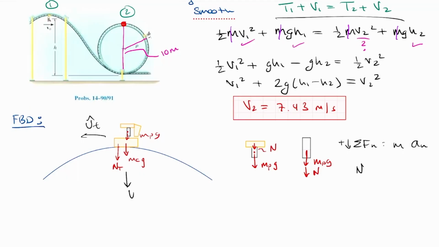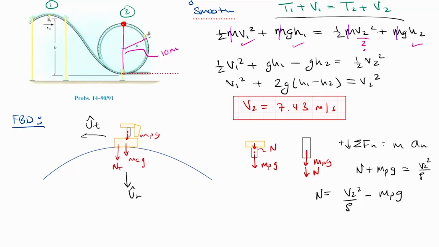So we have the normal force plus the mass of the person times gravity equals the acceleration in the normal, which we know is v squared divided by rho, which will be v2 squared over rho. If you rearrange, looking for the normal force, N equals v2 squared over rho minus the mass of the person times gravity.